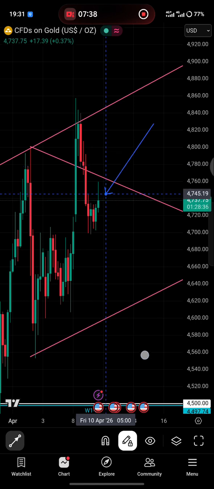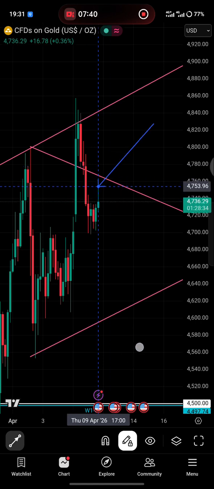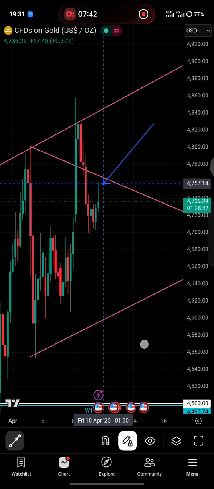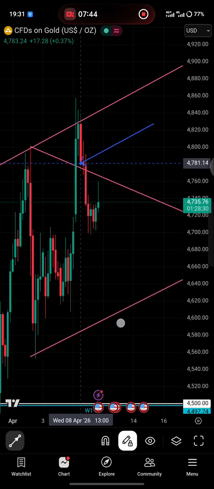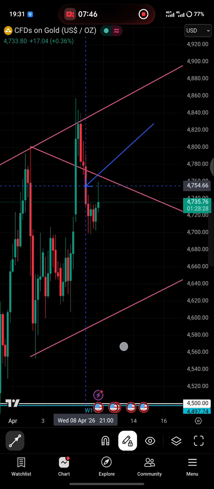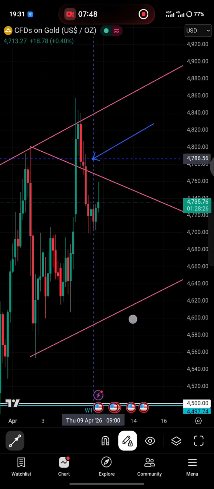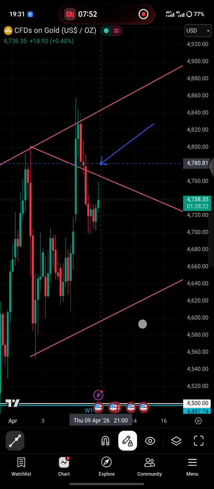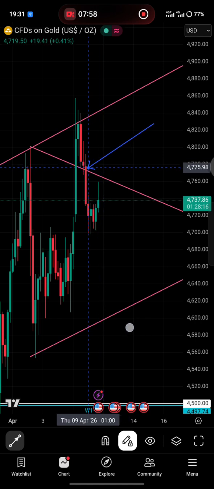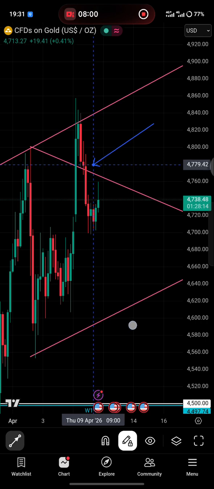Okay, so right now we need to wait for either this candle, the next candle, or the next two candles to break above and then break this resistance before we can conclude that the price action then is a bullish one, because a bullish price action must complete by at least one candle breaking key level resistance, right?